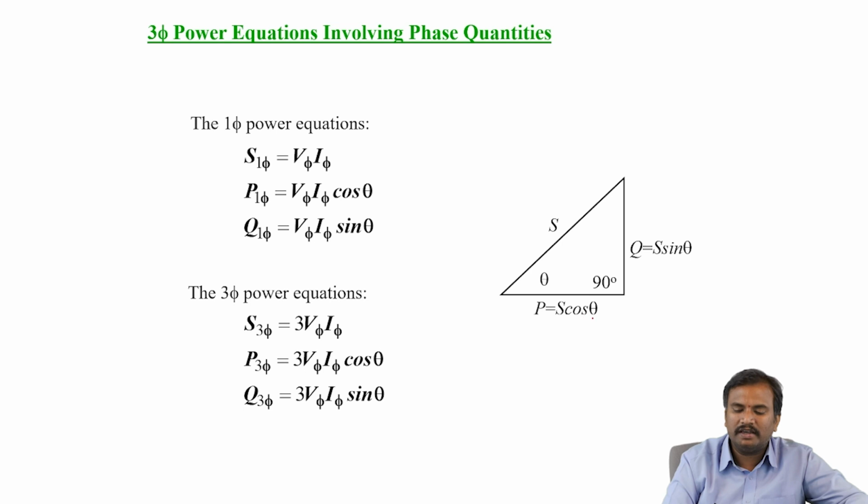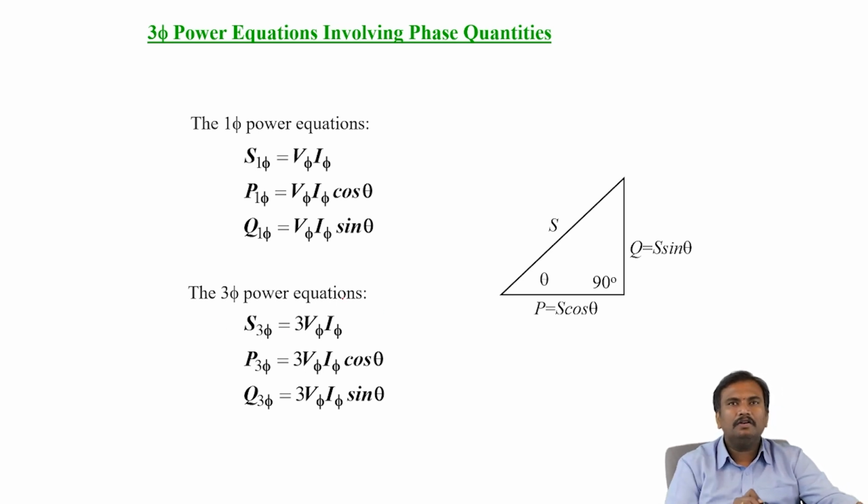P equals S cos theta and Q equals S sin theta. In the same way, the three phase power equations are: S complex power equals 3 into V phase into I phase, P equals 3 into V phase I phase cos theta, and Q equals 3 into V phase I phase sin theta.